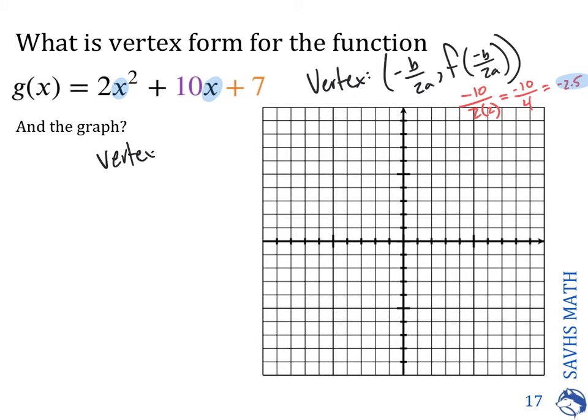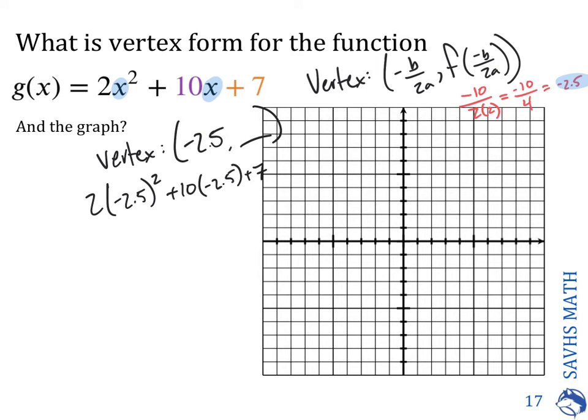Vertex is the point negative 2.5, something. So I'm going to take my negative 2.5 and put it in there. I'm going to rewrite. Okay, I'm going to use my calculator because I'm lazy. Pull your TI-84 out and you can just literally type this whole thing in and hit enter.